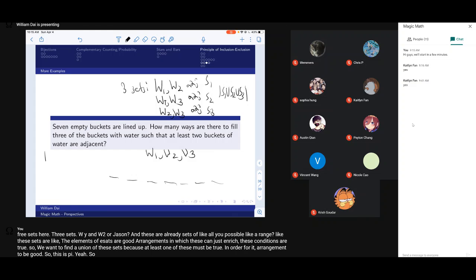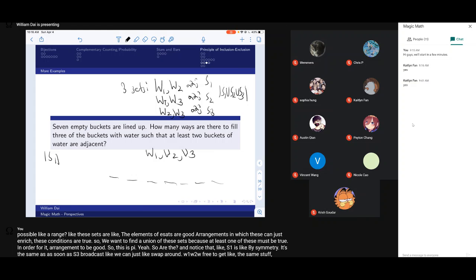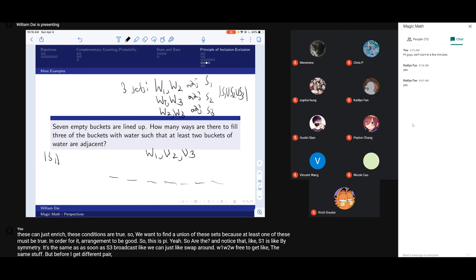Notice that S1, by symmetry, is the same as S2 and S3, right? Because we can just swap around W1, W2, W3 to get the same thing, but for a different pair. So the cardinality of all of these sets are the same.